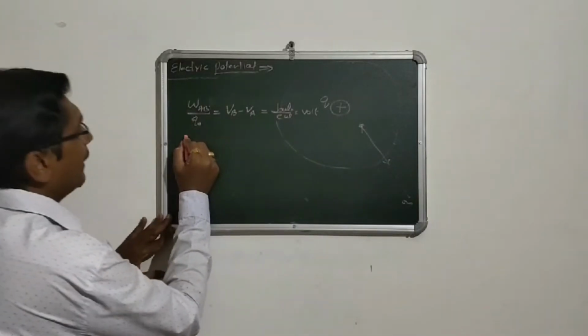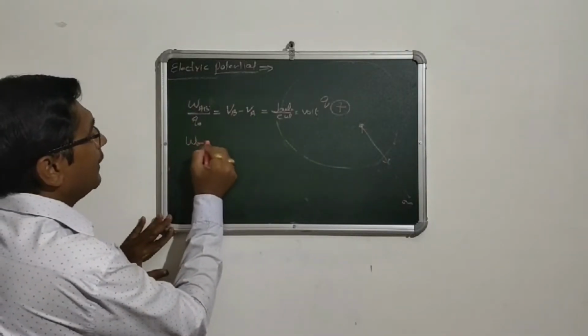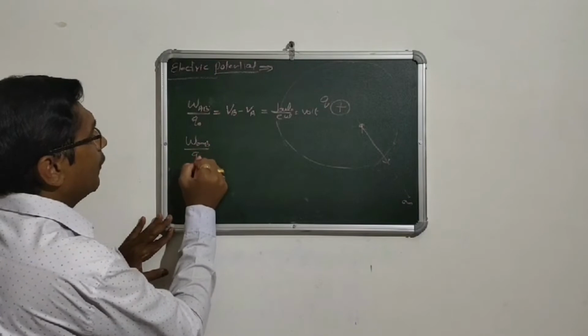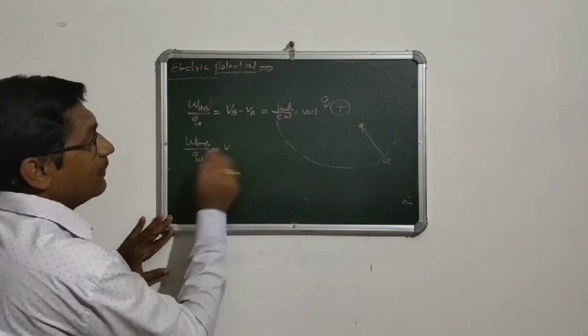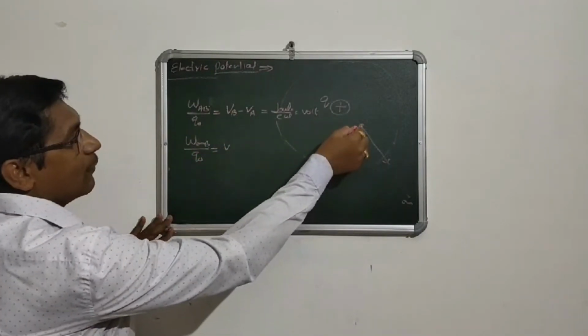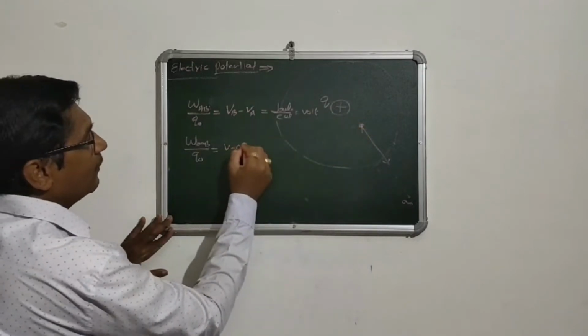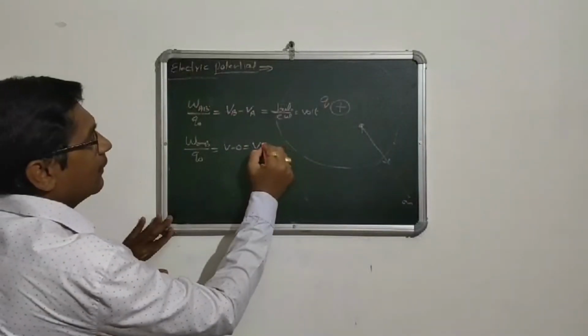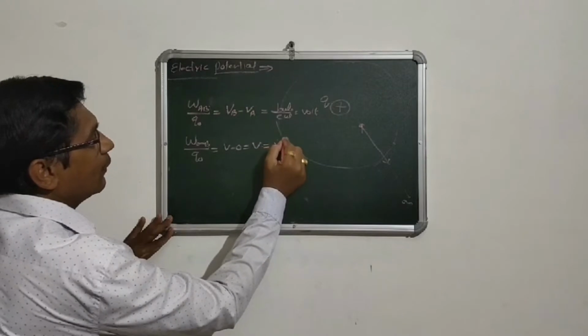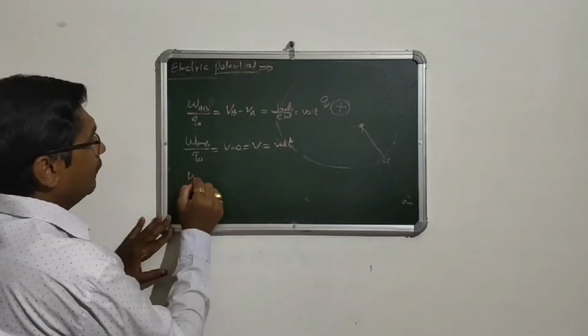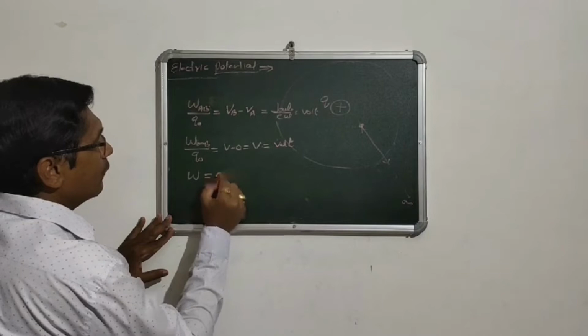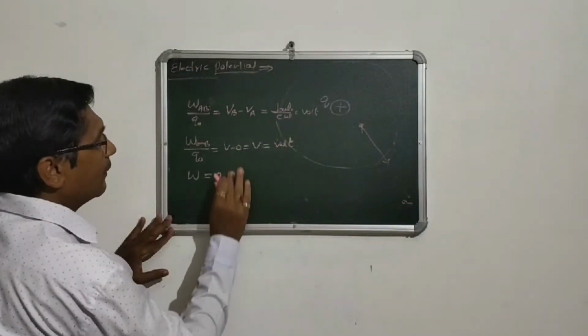So this can be written as W from infinity to B, Q naught is equal to VB, since VA is 0. It is called potential. The unit of potential is also volt. So W is equal to Q naught into V.